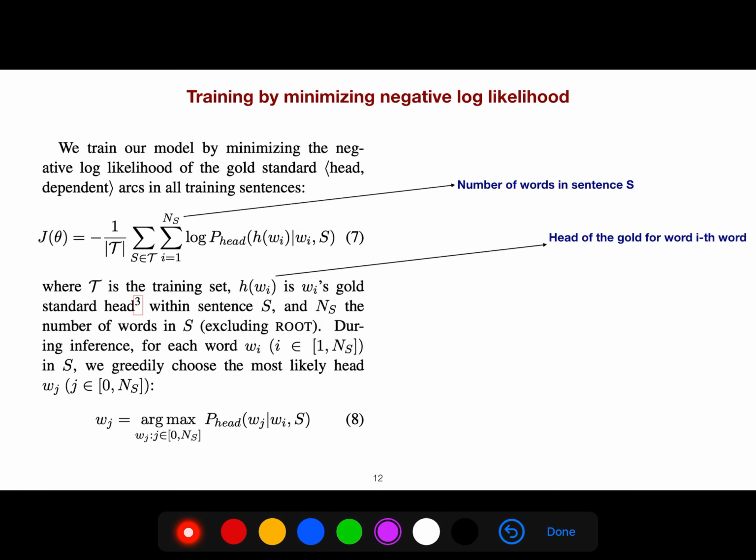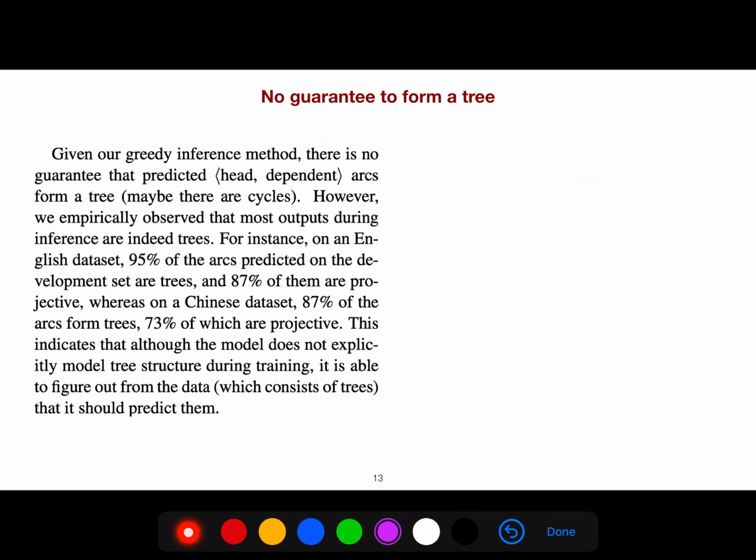When we want to train our model by minimizing the negative likelihood of the gold standard, we use this minus log likelihood, where N of S is the number of words in the sentence. But we have many sentences, and if we train on that, then we are able to find the parameters.